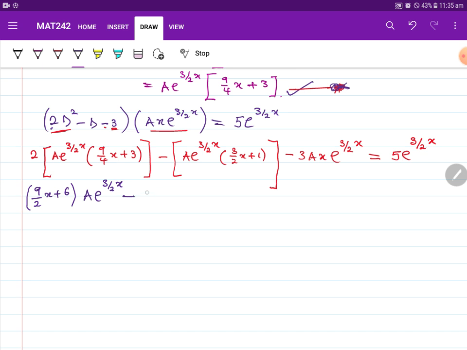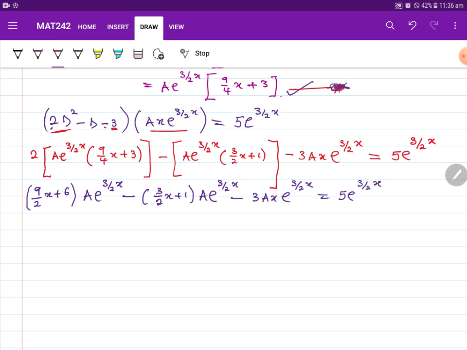Minus into bracket 3 over 2x plus 1, A e^(3/2 x), minus 3Ax e^(3/2 x) is equal to 5 e^(3/2 x).